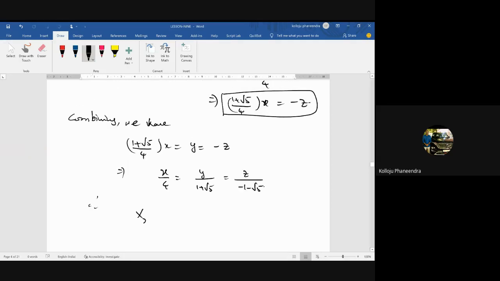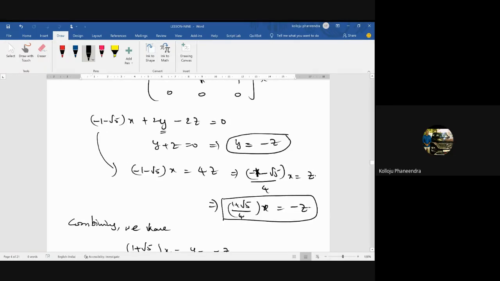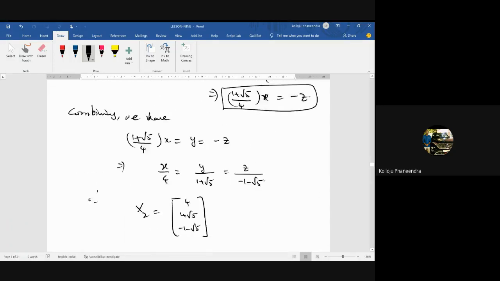Therefore, the second eigenvector X2 is 4, 1 plus root 5, minus 1 minus root 5. Any corrections? Please check. I am substituting minus z here, so this becomes 4z. Done. 1 plus root 5, exactly right. This is z, minus z. I am equating to minus z on both sides. Correct. Okay.